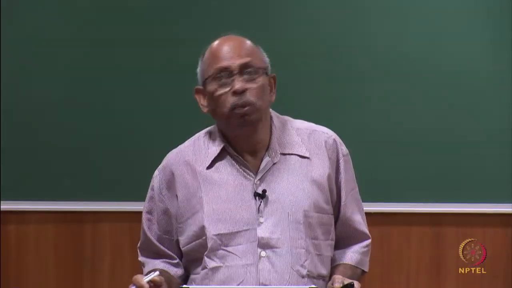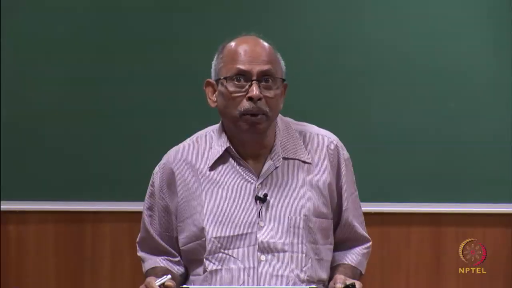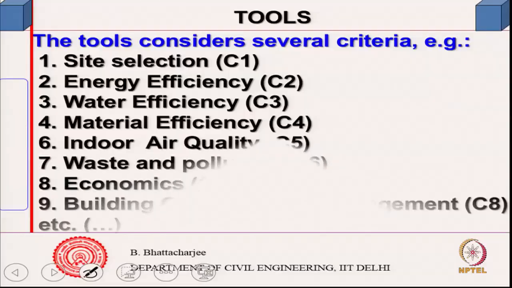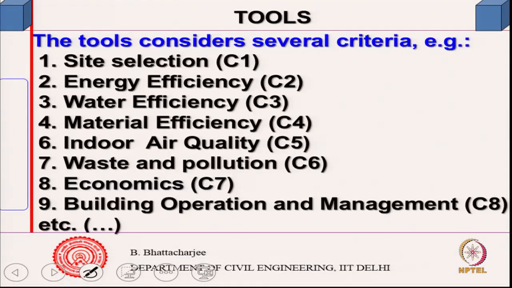Some tools are available, which we shall discuss later on. These tools look into several criteria like site selection, many of them, there are different tools, some of them I will mention today, some maybe later.